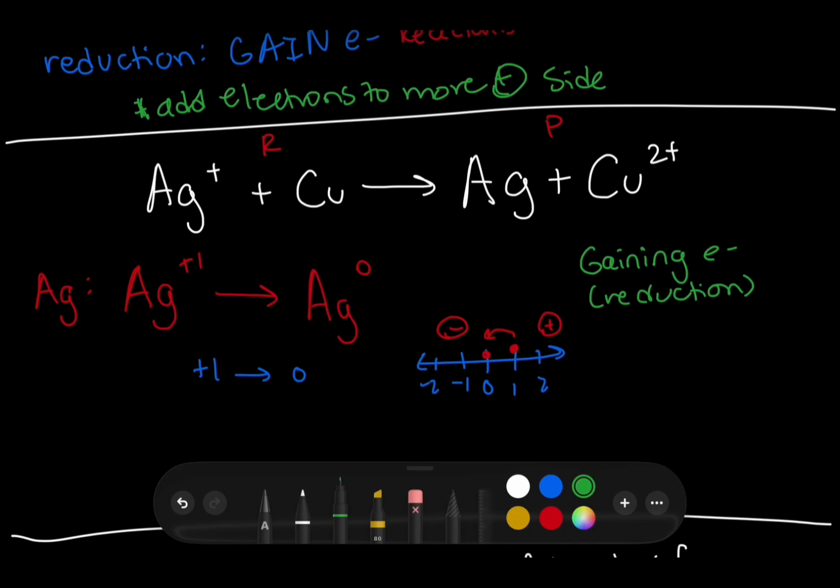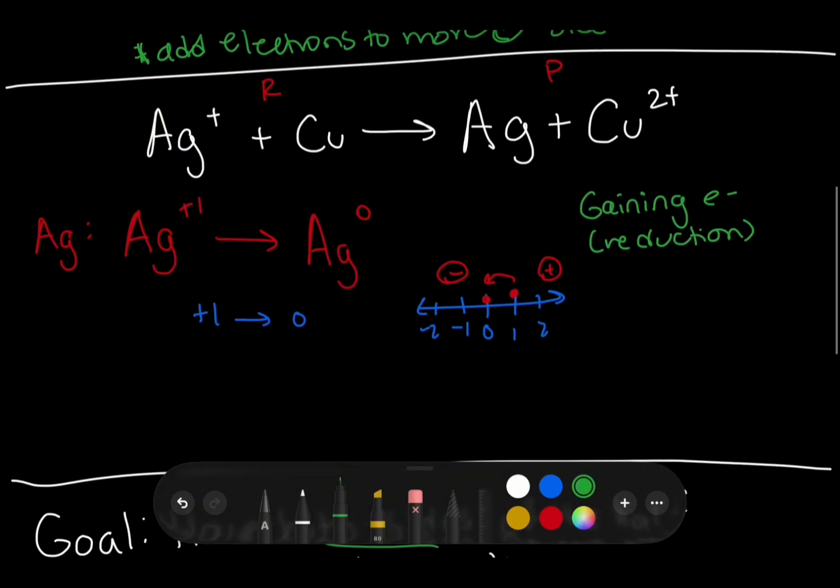Well, we would have to subtract 1, which is the same thing as adding a -1, which is adding an electron. So the half reaction, the electron transfer that we're going to see here, is going to look like Ag+ plus e- turns into Ag.